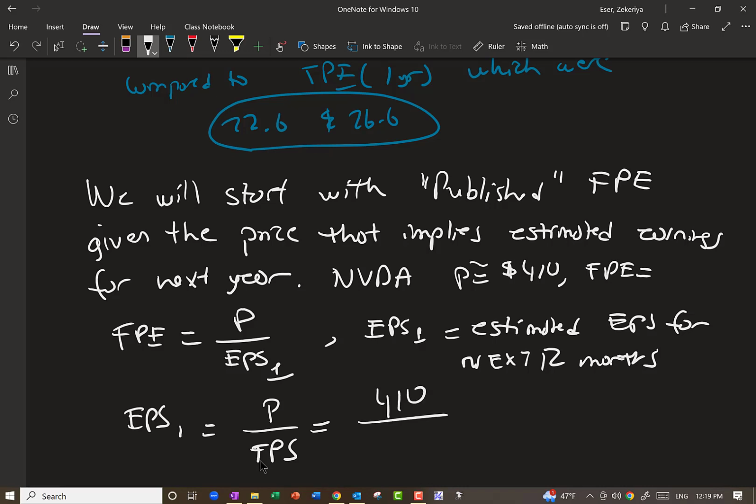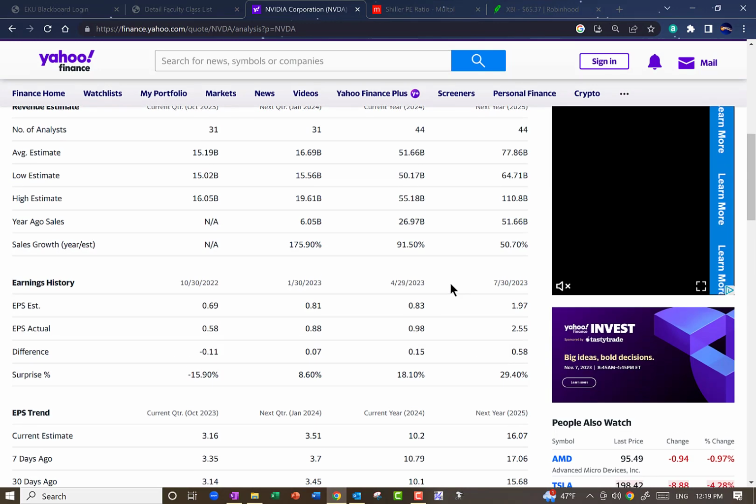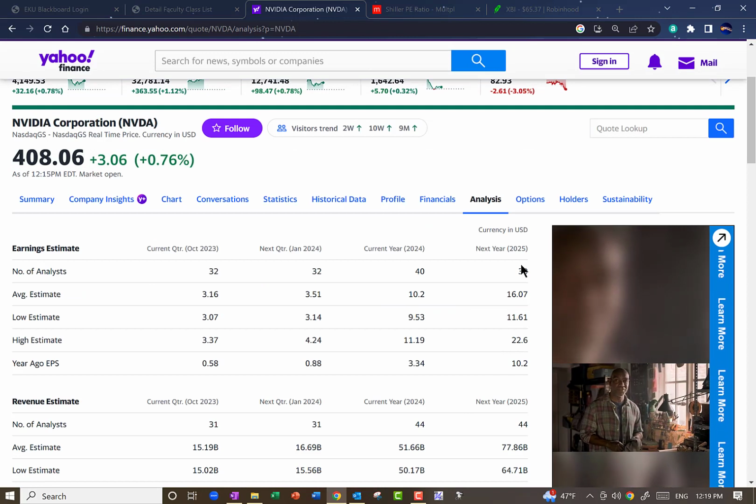So 410 divided by about $16.75. Let's look at the estimated earnings for 2025.